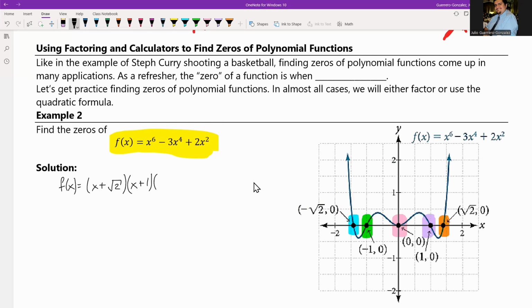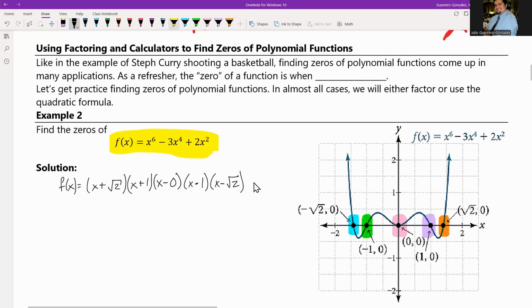The next point after that, the pink one, crosses 0, 0, so that should be x minus 0. The next one over is going to be x minus 1. And the next one after that is going to be x minus the square root of 2.